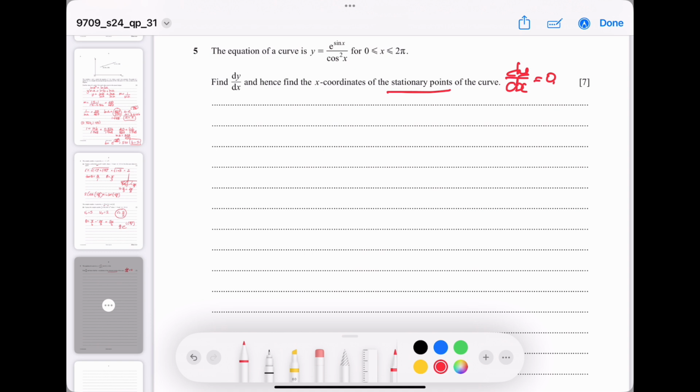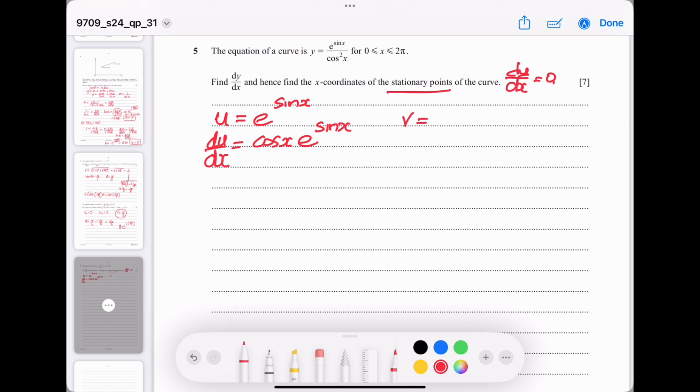We can see we've got one term divided by another, so we're going to use the quotient rule. So in this instance, I've got u is equal to e to the sine x, which means du dx is going to be cos x e to the sine x using the chain rule.